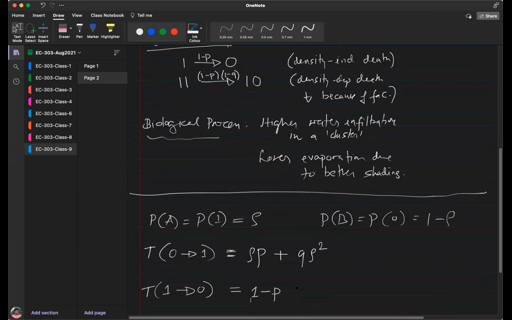This event happens independent of who is surrounding it, so it always happens, but with the probability 1 minus p. There's no density dependence here. But the second one is density dependent. If one of the neighbors is occupied, that's with probability rho, the death is not 1 minus p, but actually 1 minus p into 1 minus p. Is that clear to everyone?